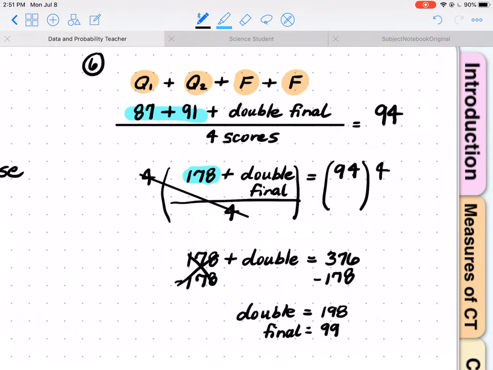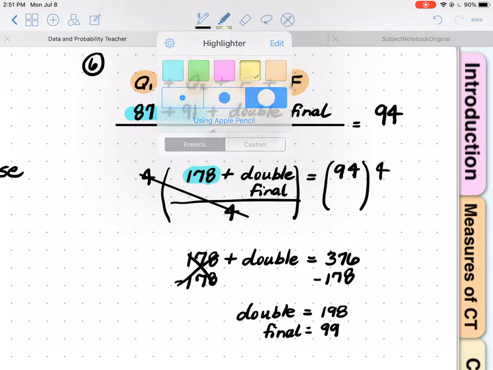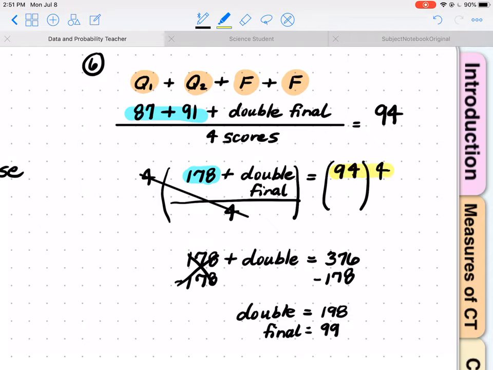That's almost 100%. And let me go ahead and highlight one more thing for you. This 94 times 4 is where that 376 is coming from. So I would go with answer D on this one.